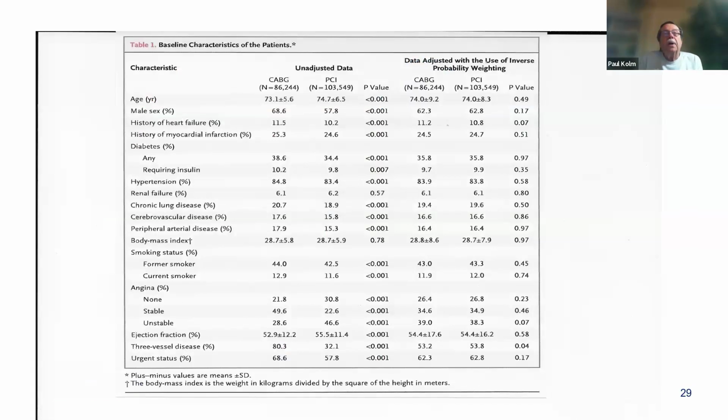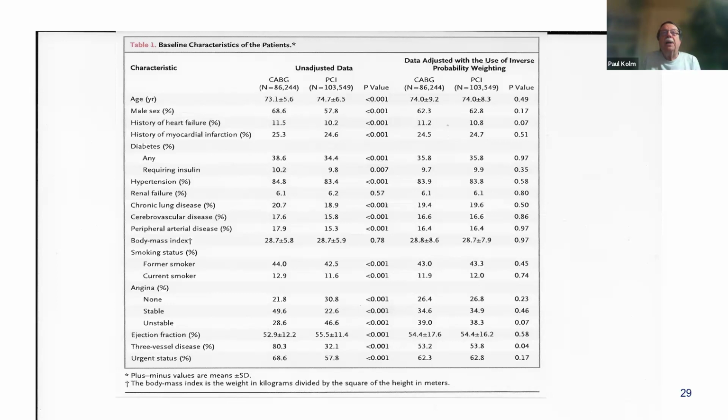And here's our Table 1 that has the baseline characteristics of the patients. These are the variables in the left-hand column that we're going to use to calculate the propensity score, and thus the IPW. If you just compared these without any adjustment, you can see that there's a big difference, although because of the sample size, a lot of these differences are actually quite small.